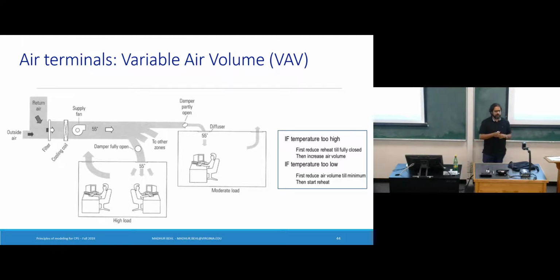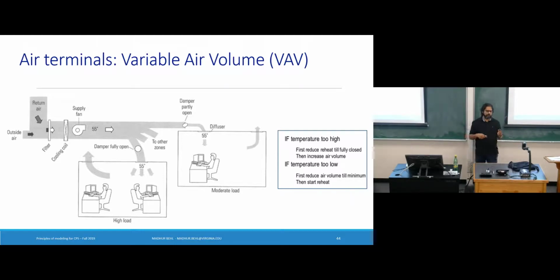So what you can do is, first of all, with the 55 Fahrenheit air which is coming, you can stop reheating this. Right? If the temperature is too high, you don't need to reheat. You can actually let the cool air go into the zone as is. If even that is not enough, the local unit can increase its dampers or valves so that the flow of air is also increased. Right?